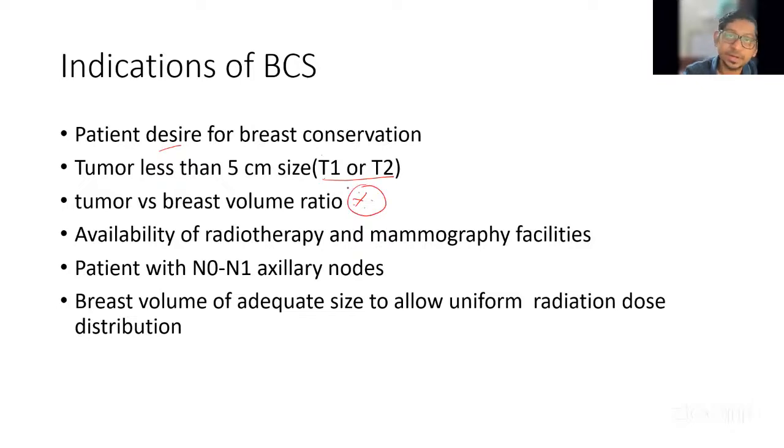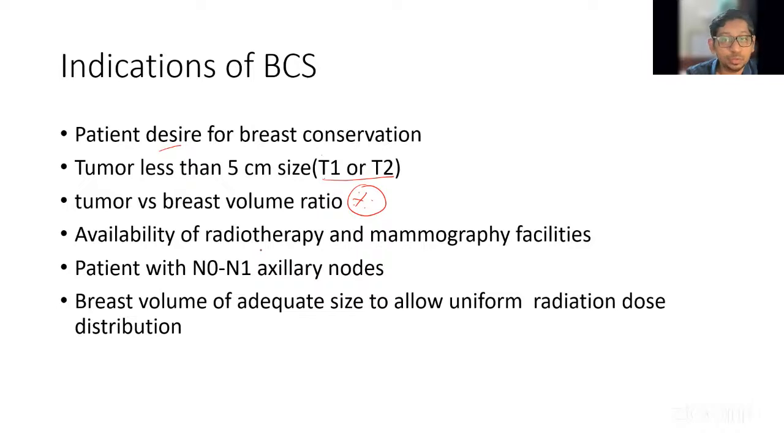A patient who has a large tumor in a small breast is not ideal for breast conservation. At the same time, if you have a smaller tumor but the breast volume is larger, then your cosmesis will be more acceptable. So that is an important indication for BCS.